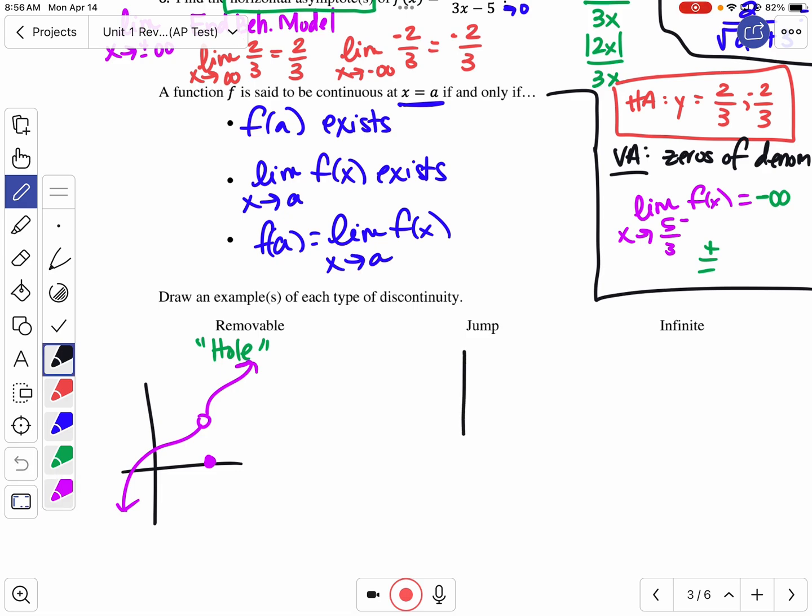If we think about a jump discontinuity, it approaches one value at one point and another. The function approaches one value from the left and another value from the right. So the 2 limits are not equal.